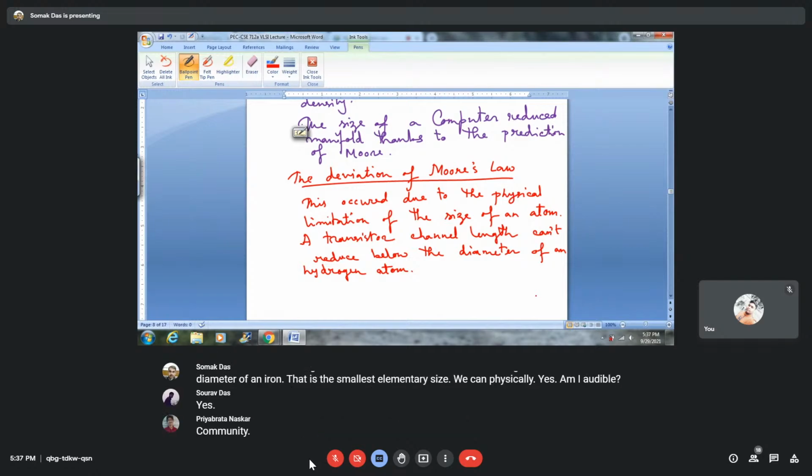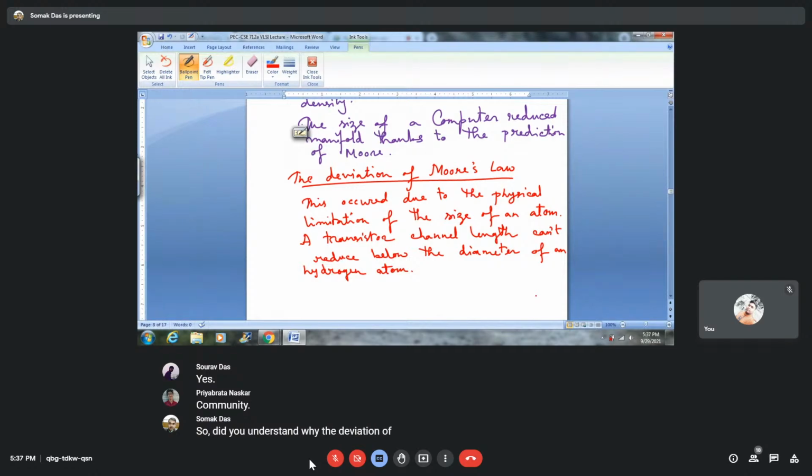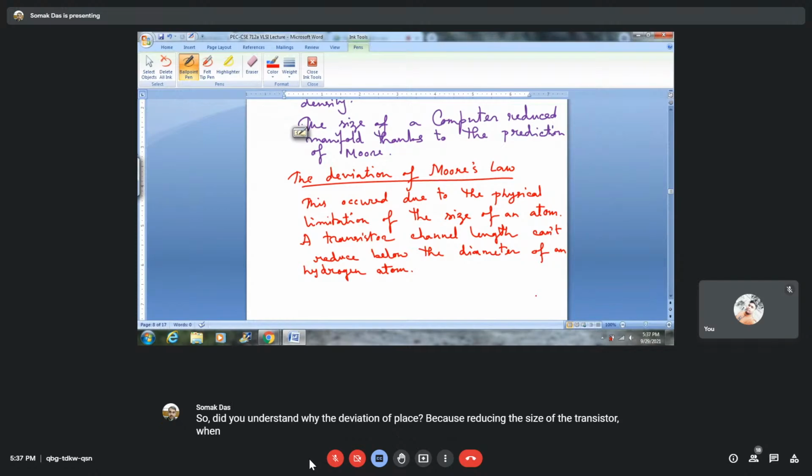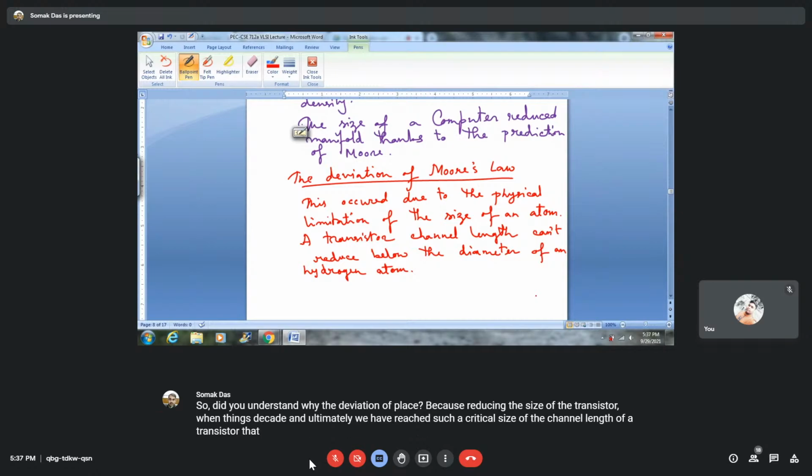So, did you understand why the deviation of Moore's law took place? Yes, sir. Because reducing the size of the transistor went on for decades, and ultimately we have reached such a critical size of the channel length of a transistor that spans a few nanometers.